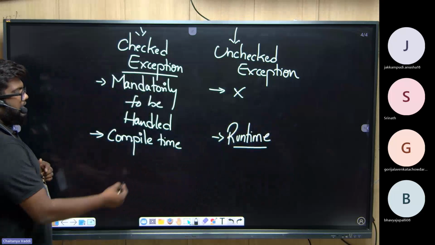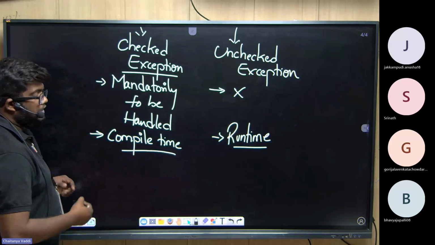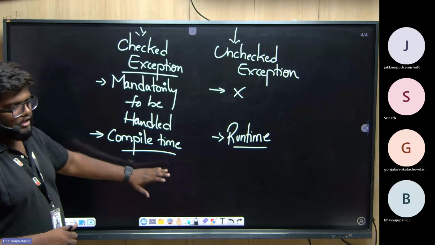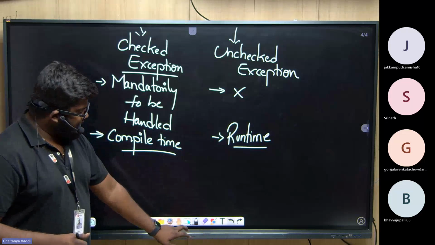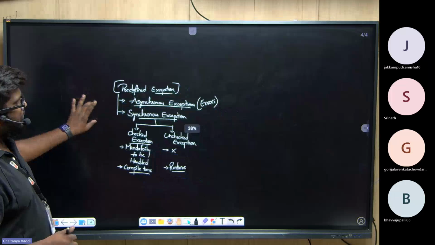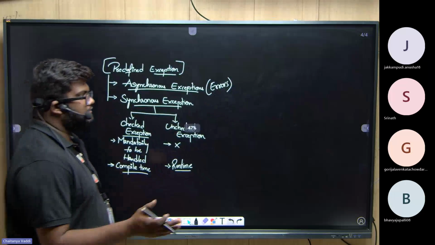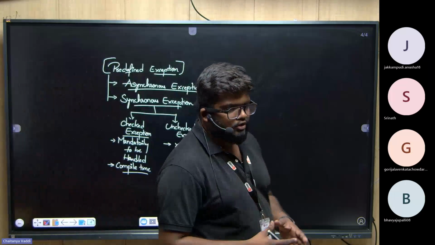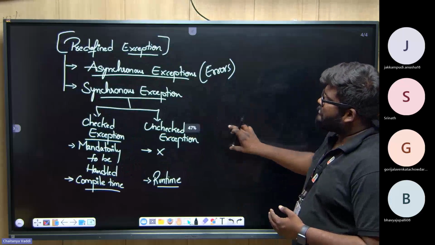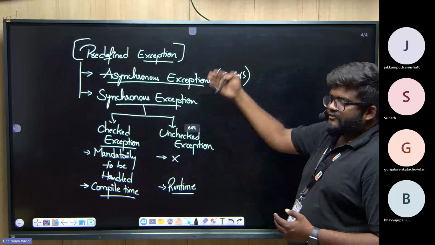On the other hand, there are exceptions that are going to be raised during compile time, which can be considered checked exceptions. We'll talk about that also. These are the classifications that we generally have. Predefined and user defined exceptions is the first classification, and when we learn about predefined exceptions, there are two classifications.